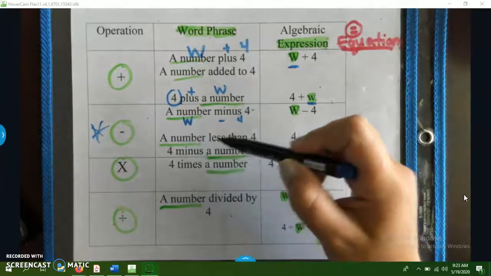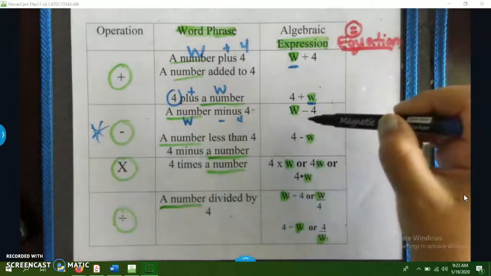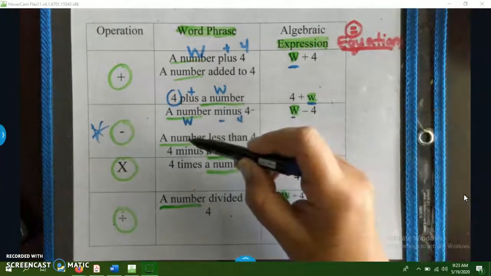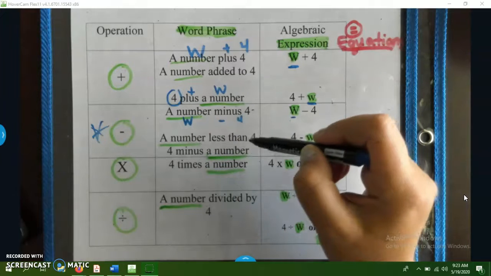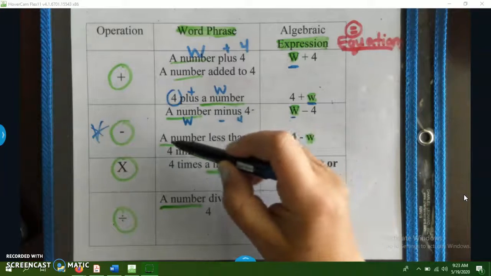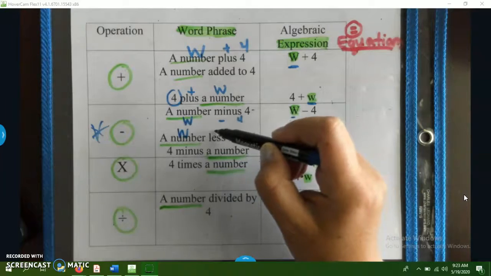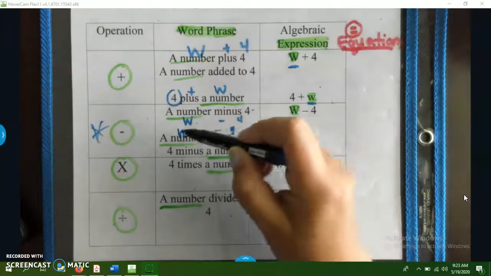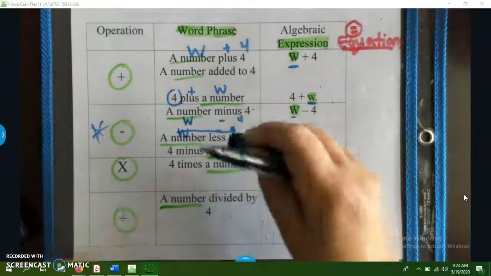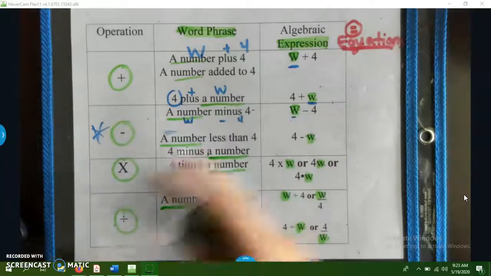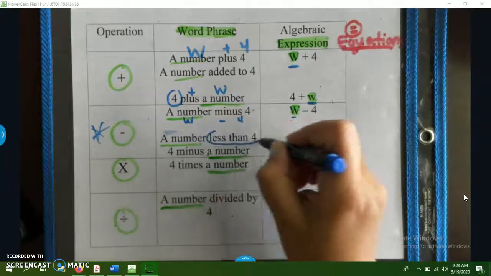Versus the second one, this is where it gets a little confusing, a number less than 4. Now, when you look at this here, it makes you think a number less than, subtract, 4, and that's actually incorrect, because what that is saying is that we want to be less than 4.